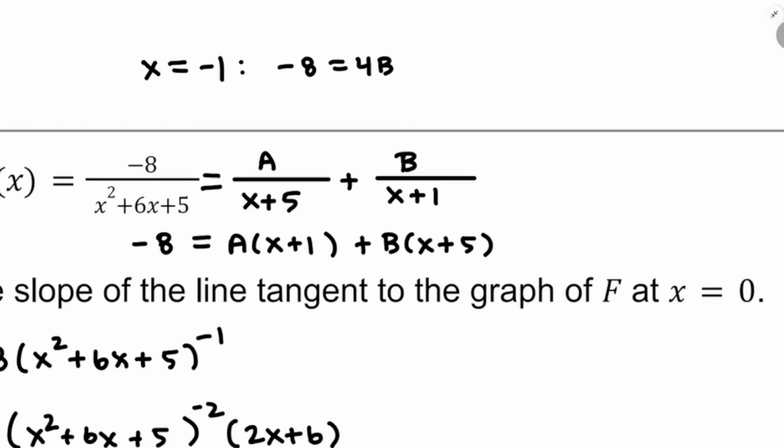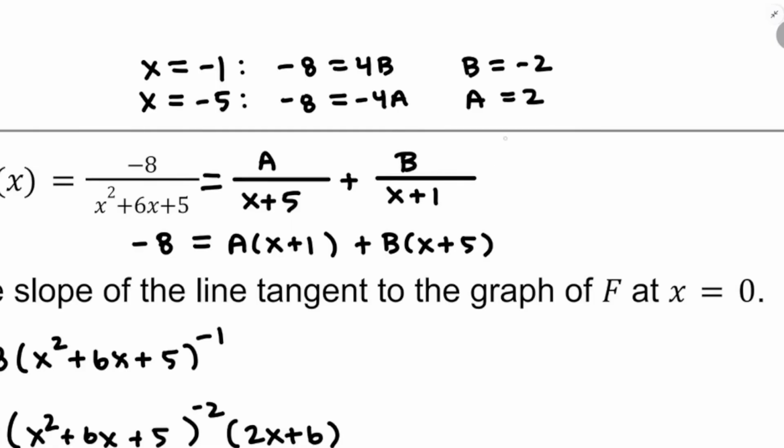So b is 2. And then when x equals negative 4, no, not negative 4, negative 5. Negative 8 equals negative 4a, which means a is positive 2 also. Wait a second. Oh, I see it. I just have a pretty clear algebra error there. So b equals negative 2.